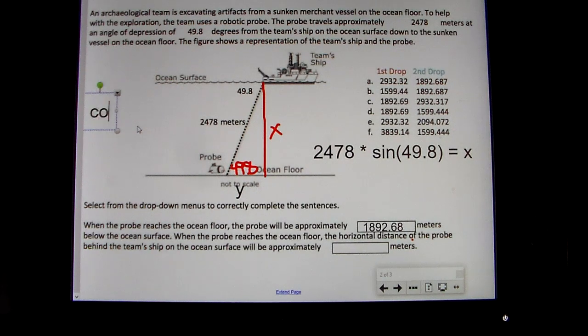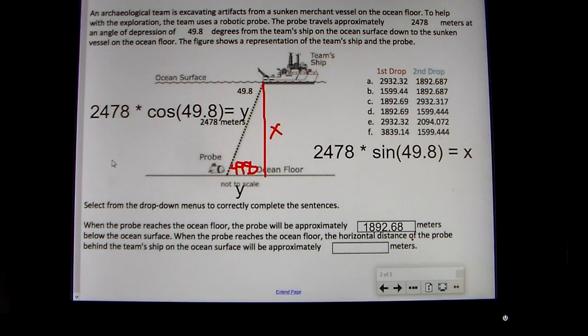So we're going to do cosine of 49.8 is equal to y divided by 2478. Since y is on top, we multiply the other two. So it's going to be 2478 times cosine of 49.8. And I'll get an answer for y.